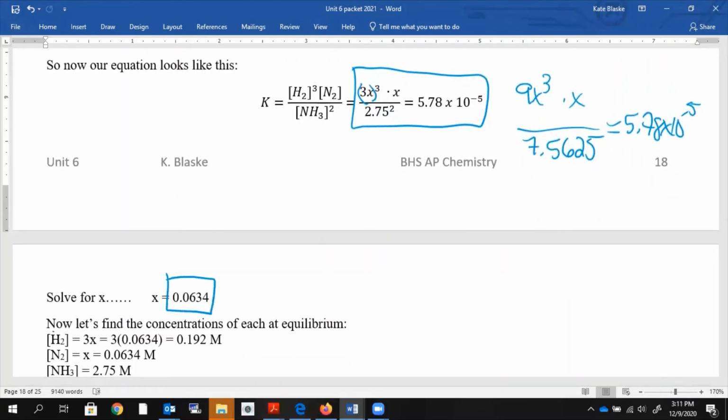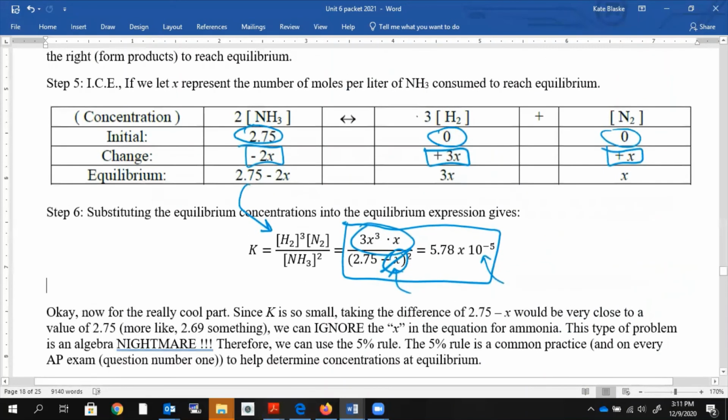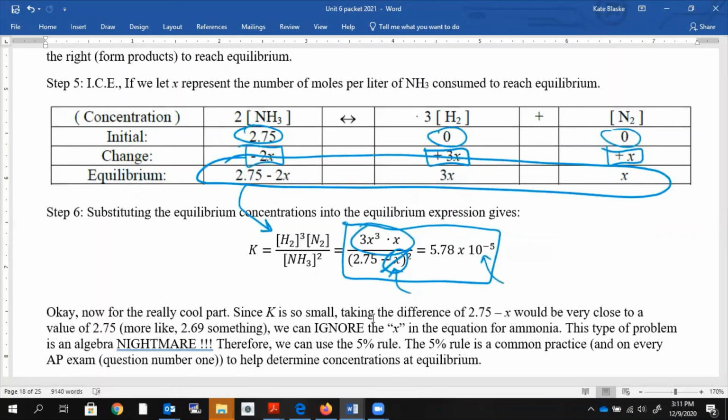We get that x is 0.0634. Now, when we plug that x back into our ICE chart to find my equilibrium concentrations, when I used my 5% rule, I dropped this minus 2x out of my math, which means that I'm also going to drop it out of my equilibrium expression up here. So that concentration of ammonia is going to stay 2.75.